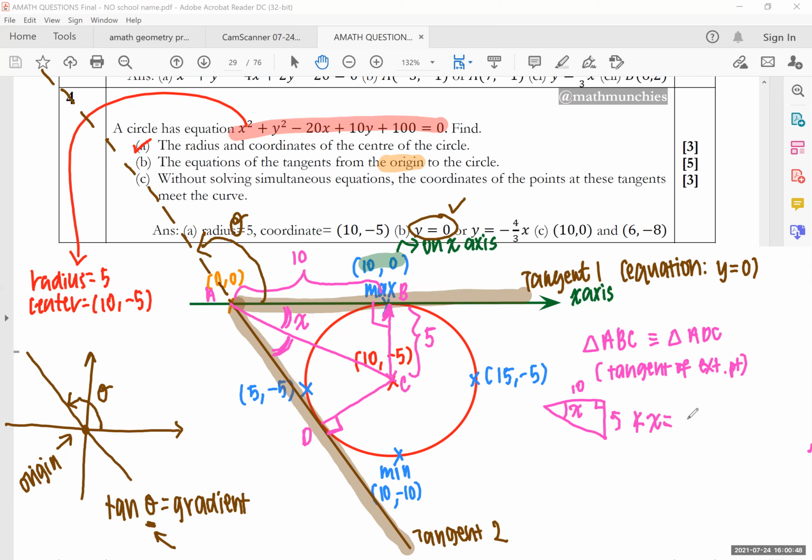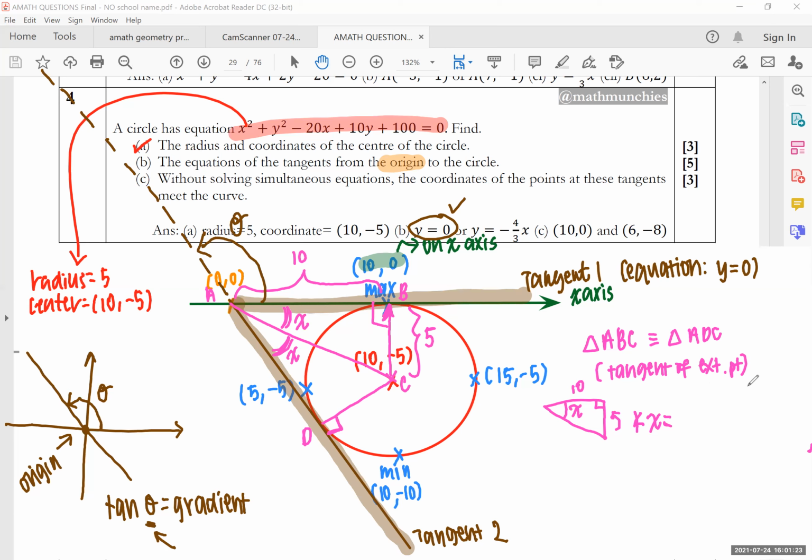Tangent inverse of 5/10. So how much is angle X? 26.565. I think it's better if you give the exact form: 26.5650518.